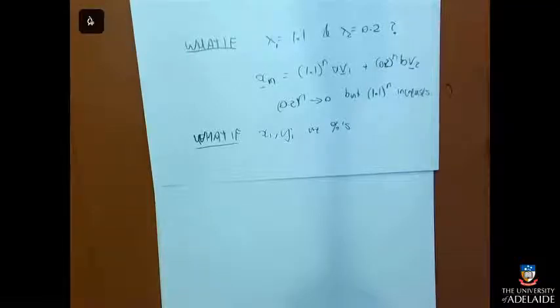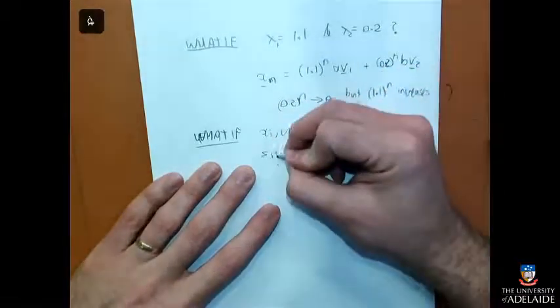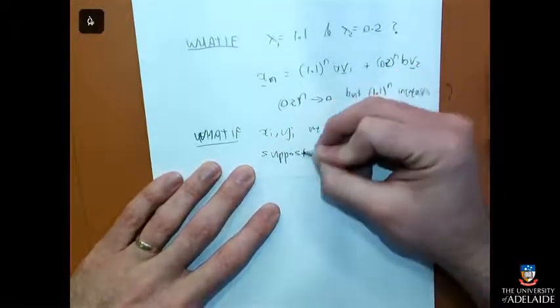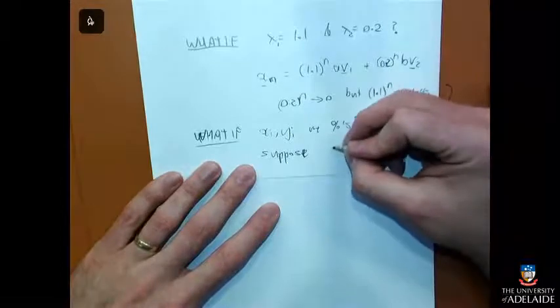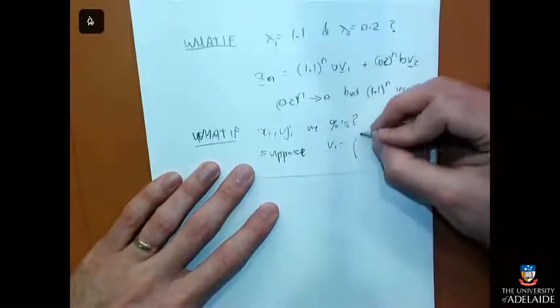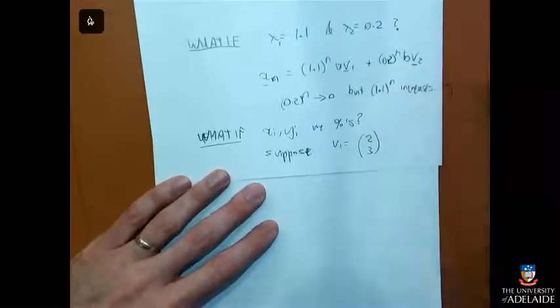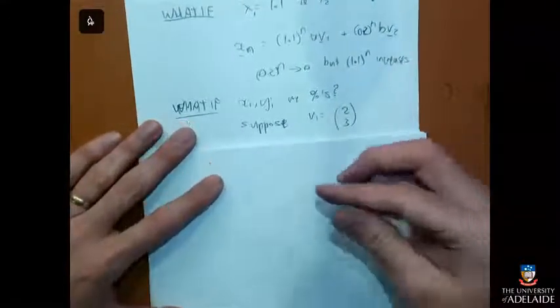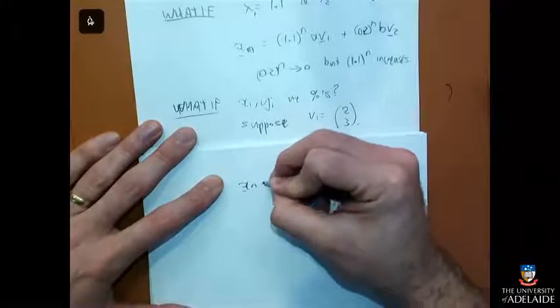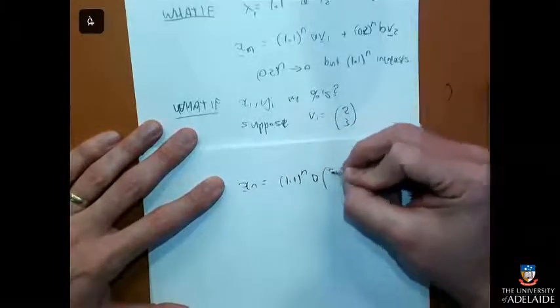Suppose v1 was like, I don't know, 2, 3, just for argument's sake. Then what you get is that xn... it's not a fraction, David, it's a vector.